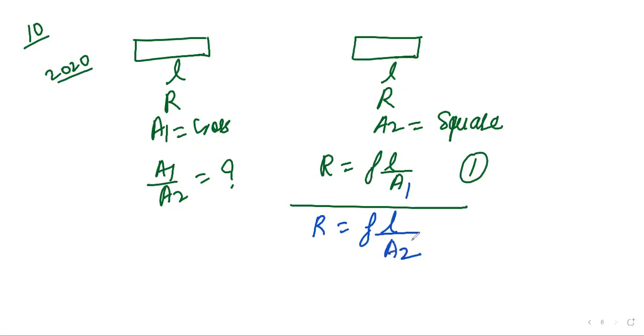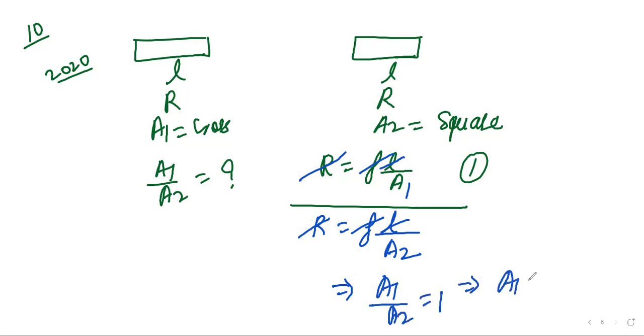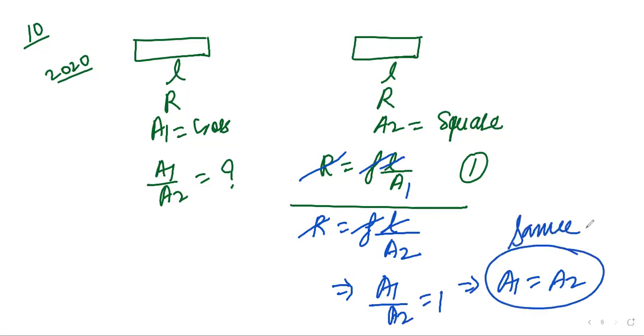Area is A2 we are taking, right? So this R and this R will get cancelled. Rho cancels, length cancels. So it comes out to be A1 by A2 equal to 1. So the area will be the same also. It was asked in 2020. So which formula have we used? The resistance formula. So remember this formula.